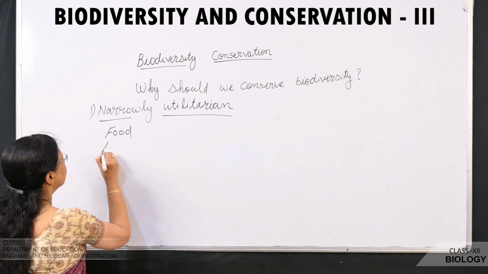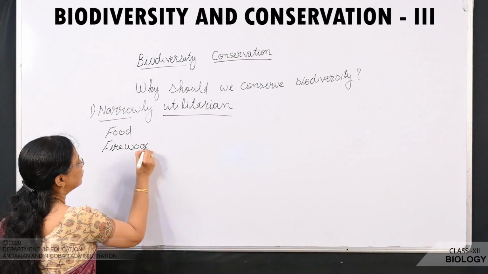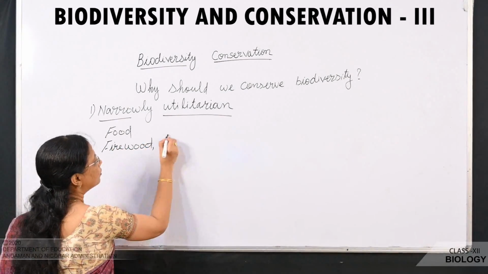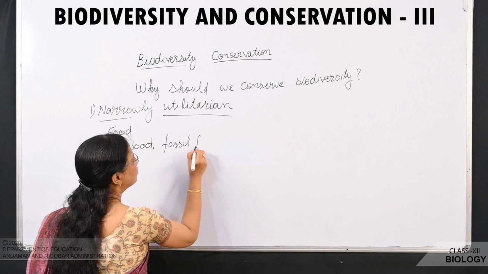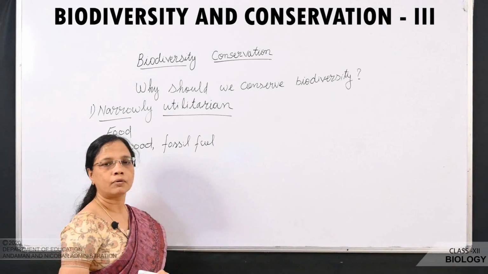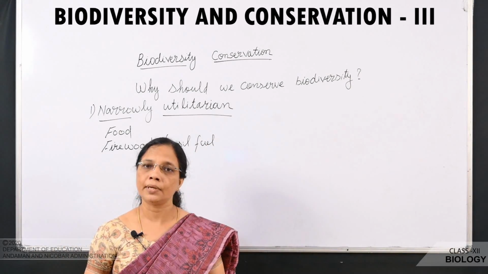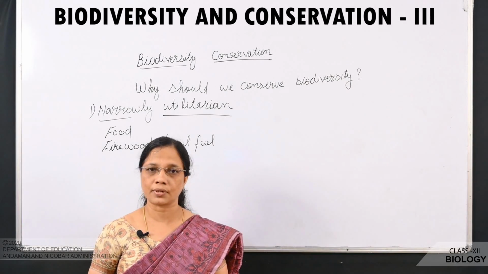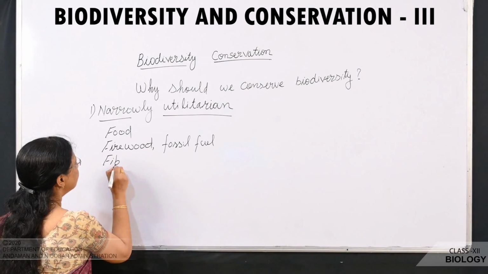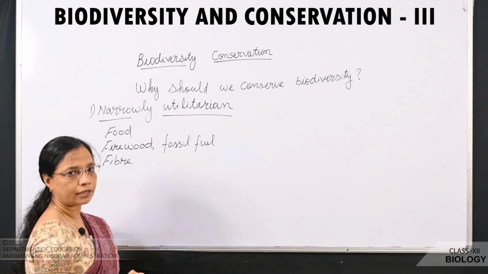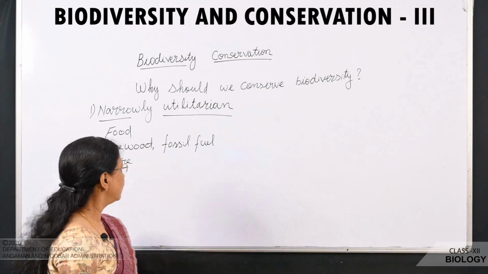Next is firewood and fossil fuel. Fossil fuel like coal, petroleum, natural gas, etc. Next, fiber like cotton, silk, wool, flax.